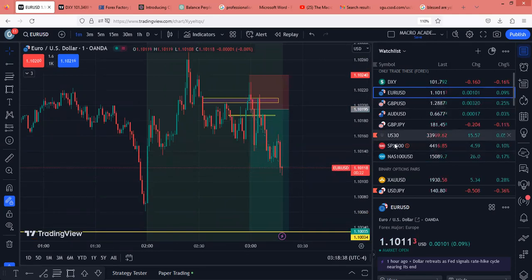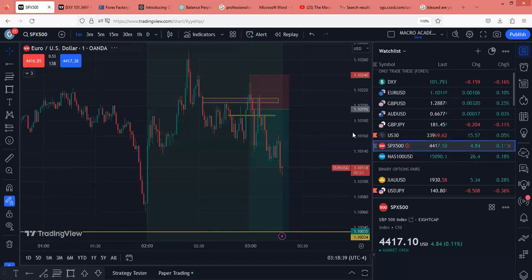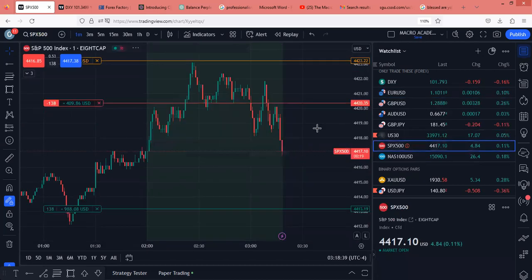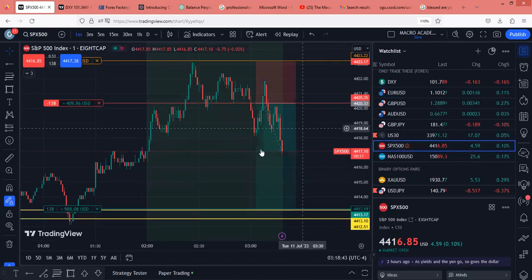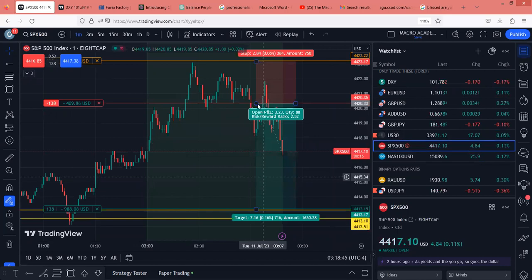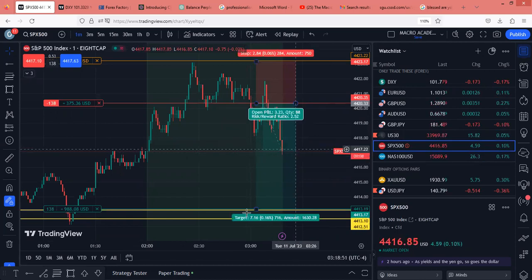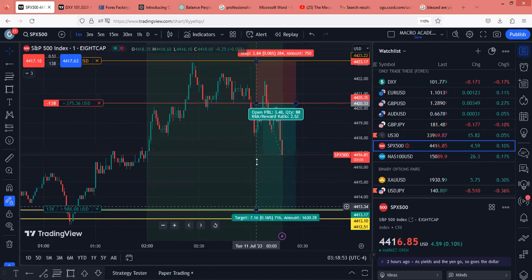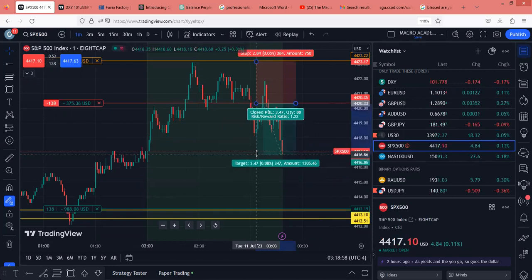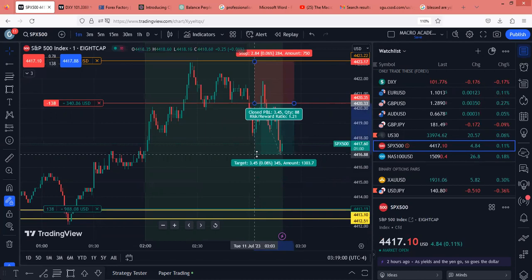Then S&P. All right, S&P is moving along nicely. At a point, what's the reward we have so far right now? That's 1:1.3. Okay, I think I will take things off here.